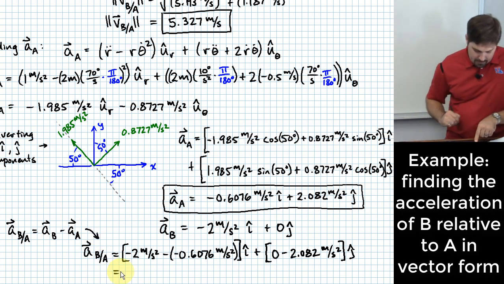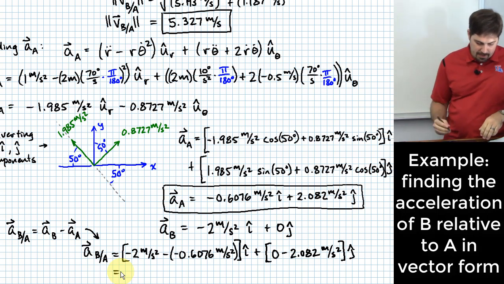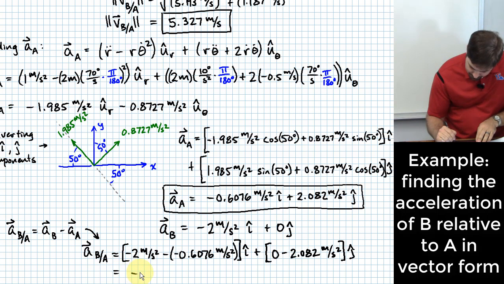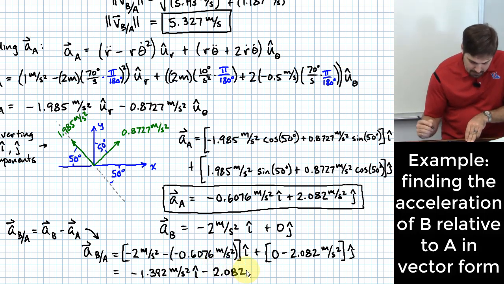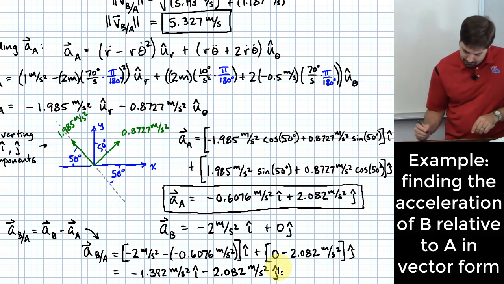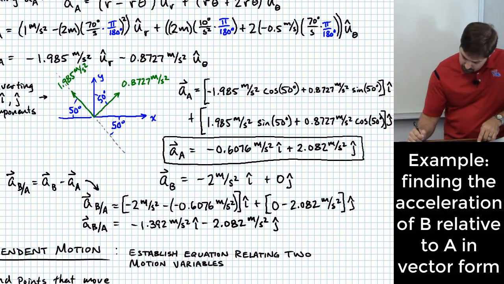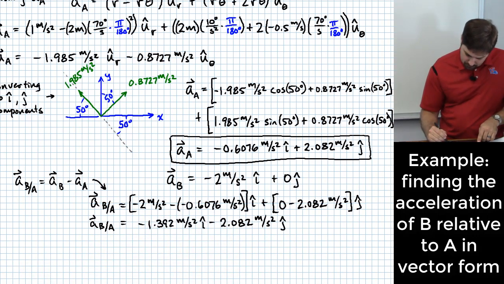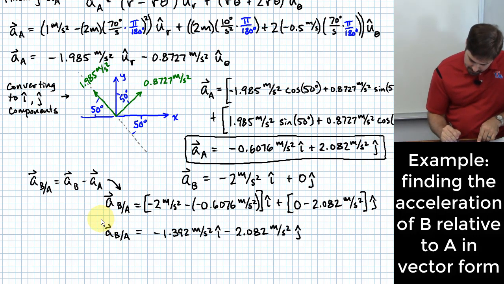And so that's the principle that I'm applying to get this. And this ends up giving me negative 1.392 meter per second squared I minus 2.082 meter per second squared J. Which is our answer.